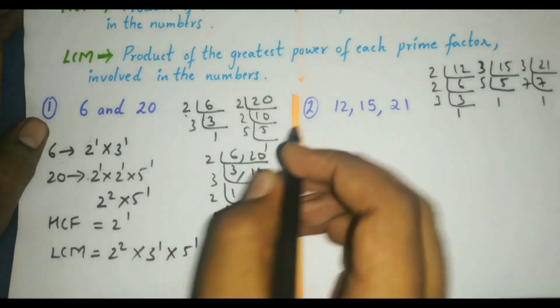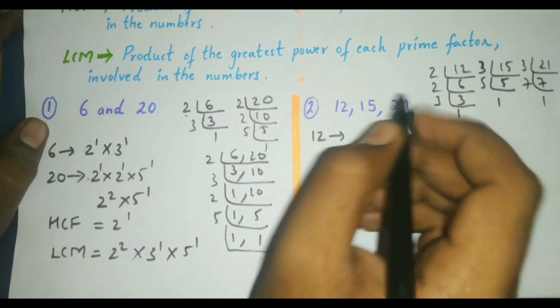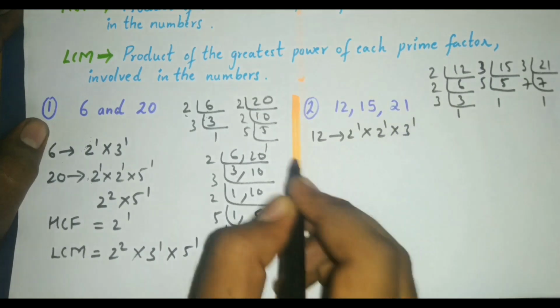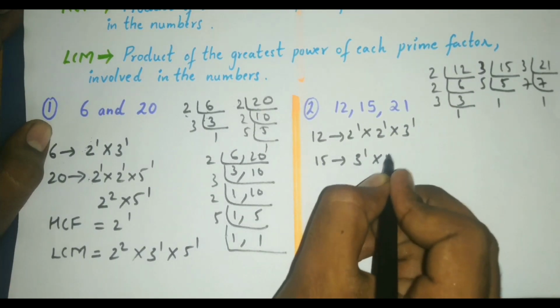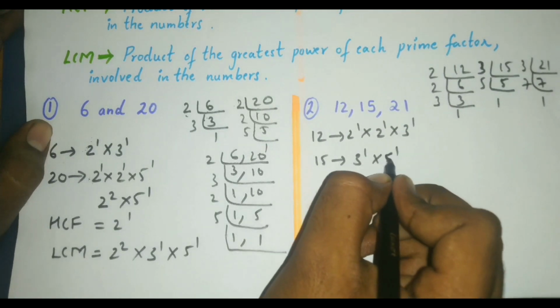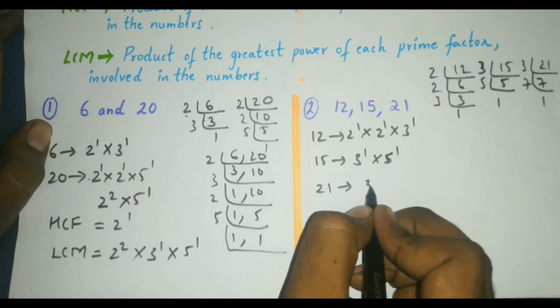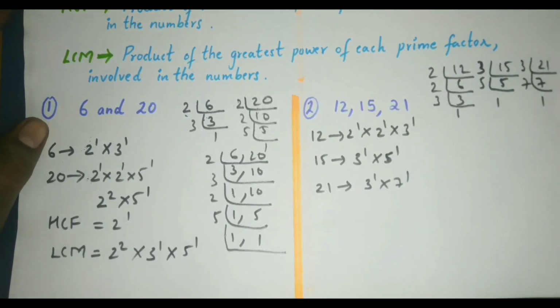Fine. So first we will take 12. 12 is nothing but 2 into 2 into 3, so 2 power 1 into 2 power 1 into 3 power 1. What about 15? 3 power 1 into 5 power 1. Now what about 21? 21 is nothing but 3 power 1 into 7 power 1. So fine.